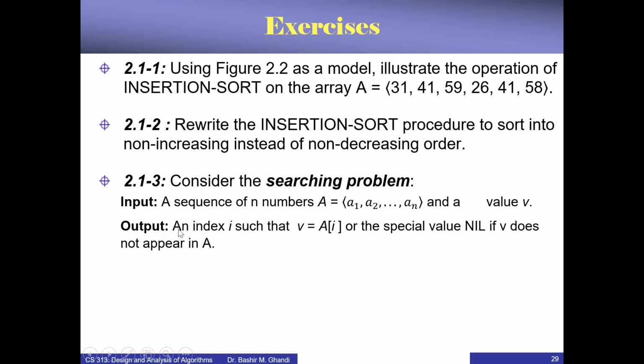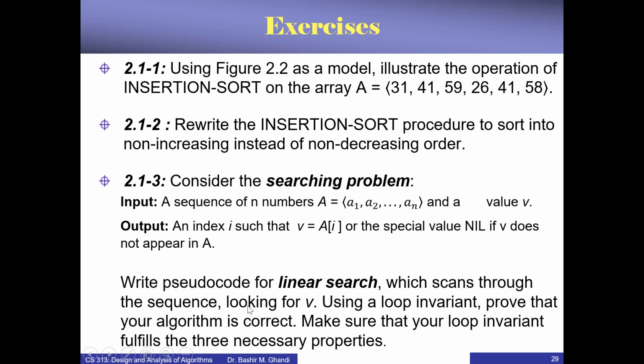We want the output to be an index i such that v is equal to the element at i, in case the element v exists in the array, or a special value nil if v does not exist in the array A. So it says write pseudocode for this linear search problem, which scans through the sequence looking for v until it finds it, in which case it will return the index, or it will return nil if it doesn't.